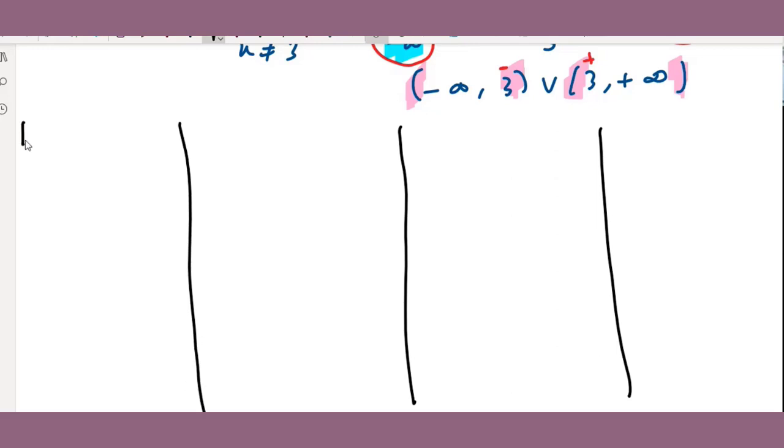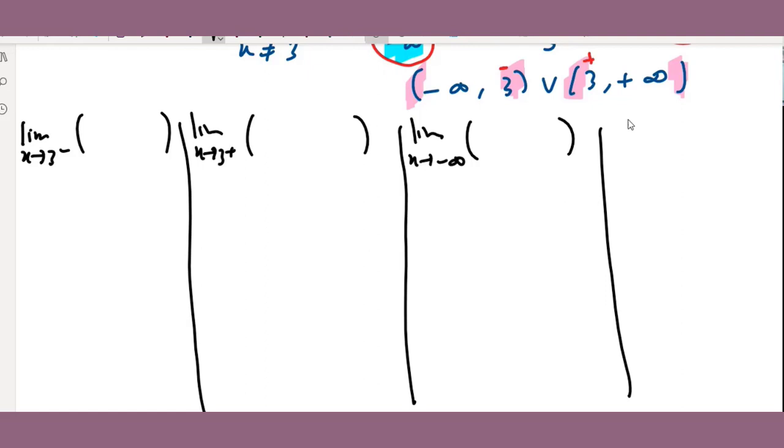Limit as x approaches 3 from the left, limit as x approaches 3 from the right, limit as x tends to negative infinity, limit as x tends to positive infinity. So four times according to the bracket.